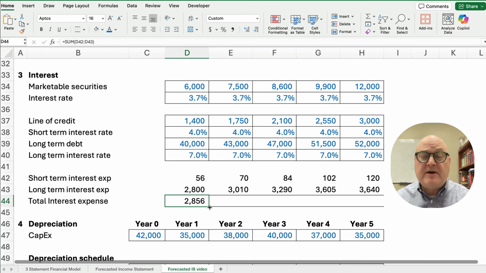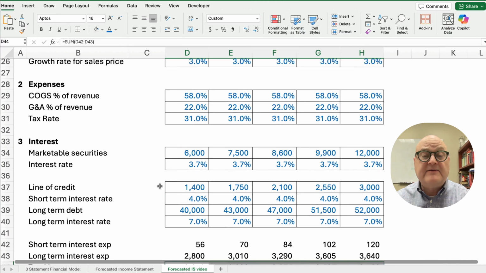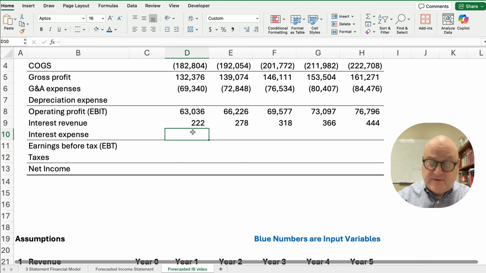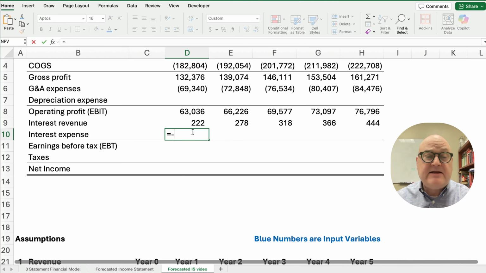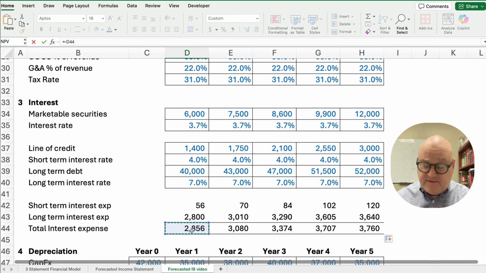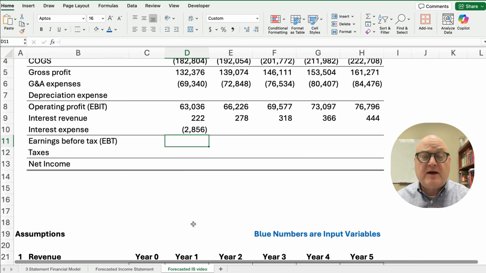I'm just going to copy it all the way across, and now we have our interest expense. We're going to put that interest expense as a negative number, so it's going to be equals negative 2,856, and we'll copy it all the way across.